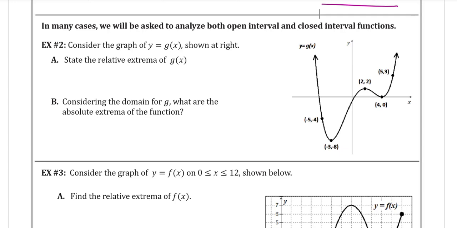We are to state the relative extrema of g of x, and then considering the domain, what are the absolute extrema? So relative extrema in this case are going to be any minimum or maximum. So we are talking about right here, there's a relative minimum. Right here, there's a relative minimum. Okay, so we have two relative minimums.